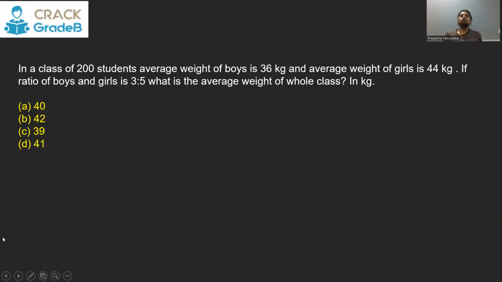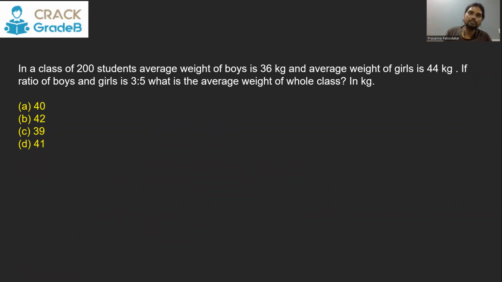Now, the questions that we have seen so far belong to the category of plain average, because from a group, either one person was leaving, 2 persons were leaving or joining in. But here, when 2 different groups with their own average are combined, and then we talk about their resultant average, that type of question we call the weighted average question.